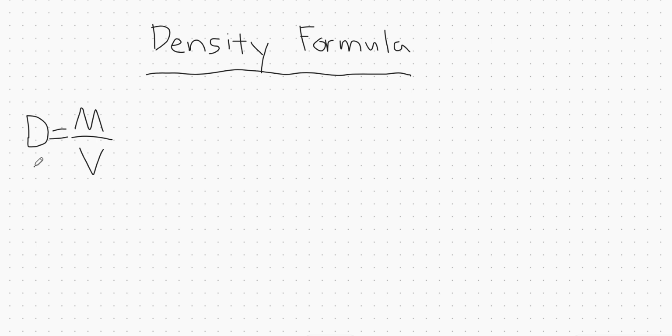The D in this equation is for density. I'm just going to shorthand that to den, D-E-N dot. The M in this equation is for mass. And the V in this equation is the volume.